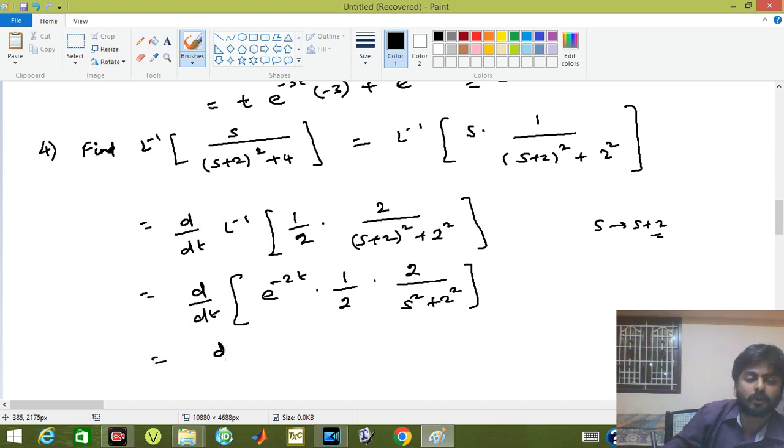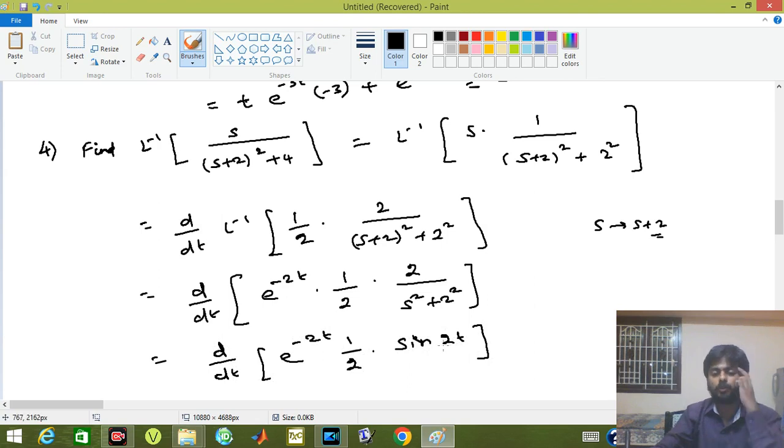That is equal to d by dt of e power of minus 2t into 1 by 2 into, this is sine 2t.